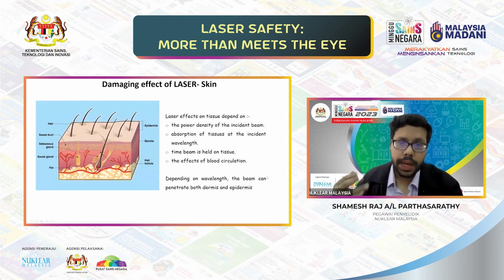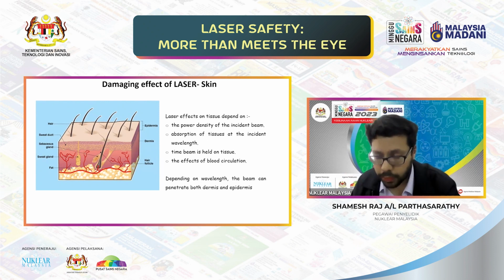Next we'll be dwelling more on the damaging effect on skin. In terms of skin, the three main layers we need to know are the epidermis, dermis, and also the fat layer.